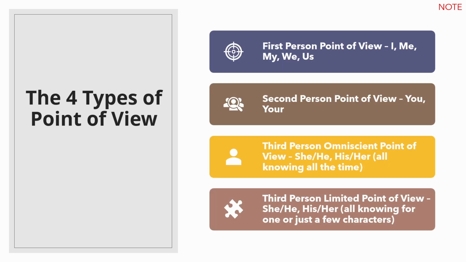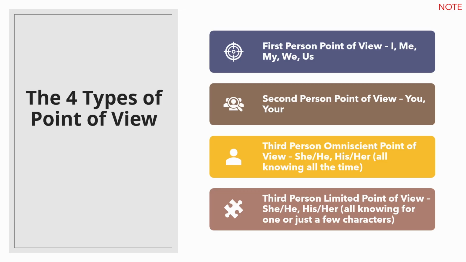And again, when we identify the points of view, we're just looking for pronouns. First person, second person, third person omniscient, or third person limited. Now let's go back to the story about Messy Missy. How would that story change if it were told in second person point of view? How would that story change if it were told through Messy Missy's perspective instead of Katie Clean's perspective?